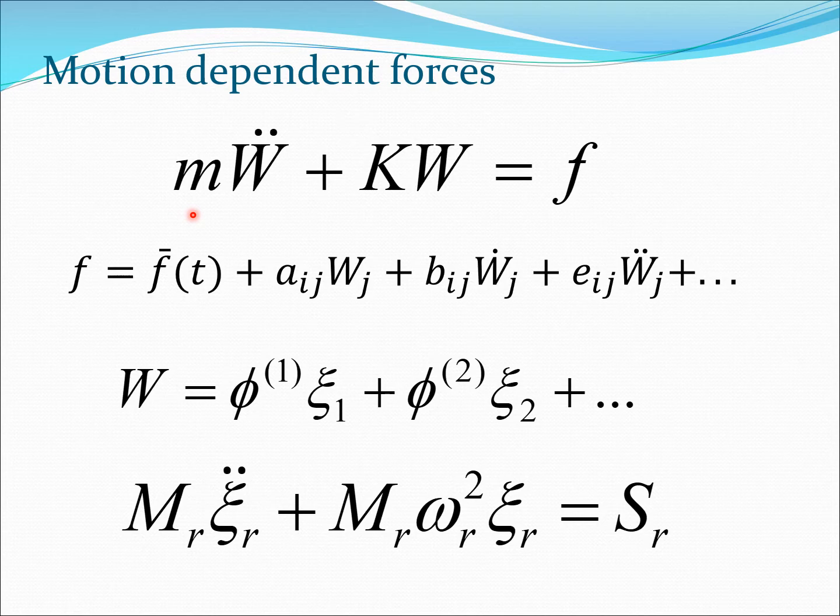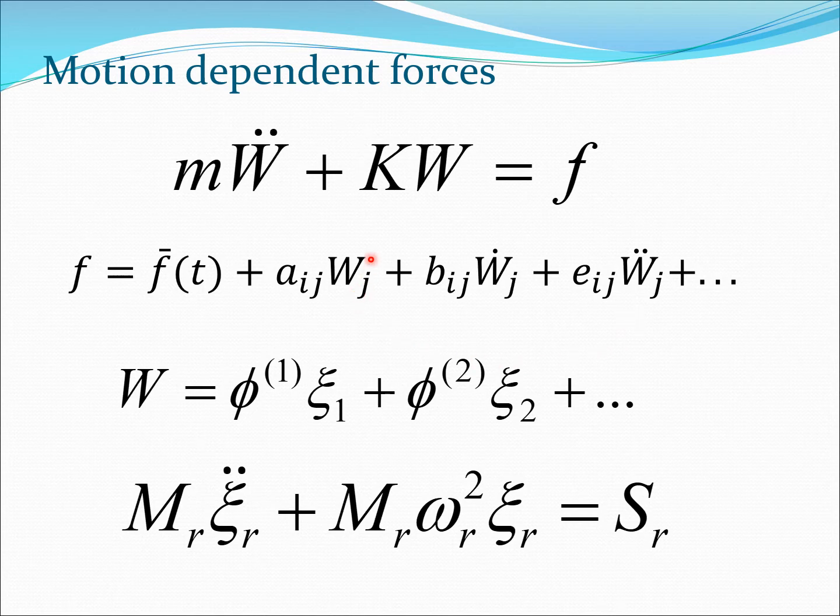So let's get back to our equations. That's a general equation for a multi-degree of freedom discrete system. So we have mass, we have stiffness, we have forcing, and we have our usual degrees of freedom. And now what happens is that the forcing function is not only a function of a part which only depends on time, which is often the case in structural dynamics, but also several terms which are coming from motion.